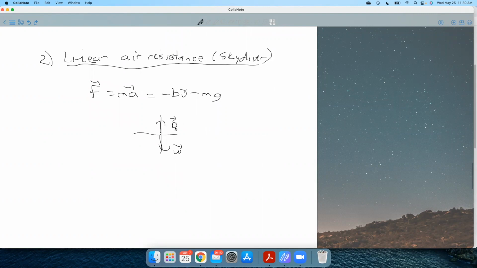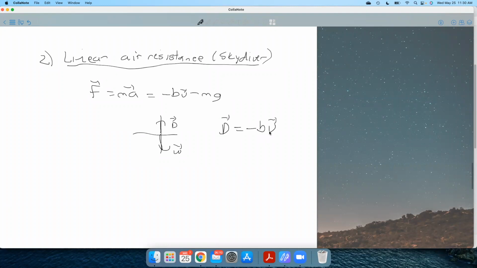Some drag force that points opposite of our velocity. So if our velocity is down, we're falling, we've got this extra force in here that points in the opposite direction of velocity. Our drag vector will be negative some beta times our velocity vector.